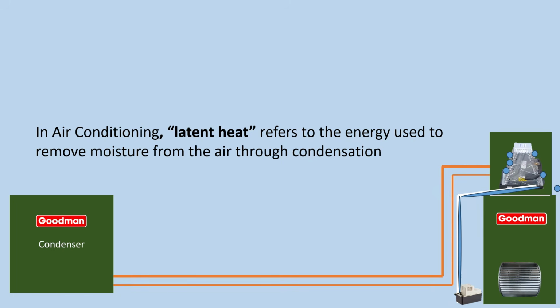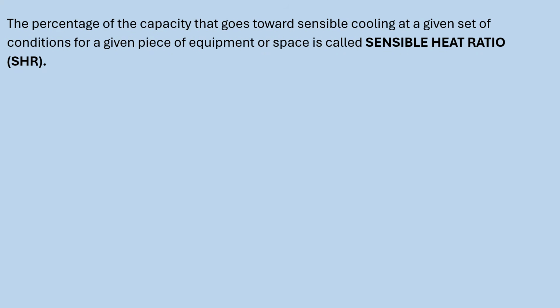It's easier to think of it in air conditioning as latent heat, as it refers to the energy used to remove moisture from the air through condensation, because that's what we're doing with the latent heat here: we're taking water vapor and turning it into water. The percentage of the capacity that goes towards sensible cooling at a given set of conditions for a given piece of equipment or space is called sensible heat ratio.